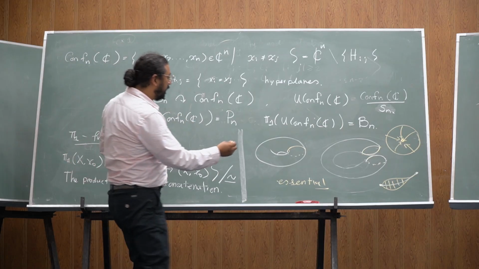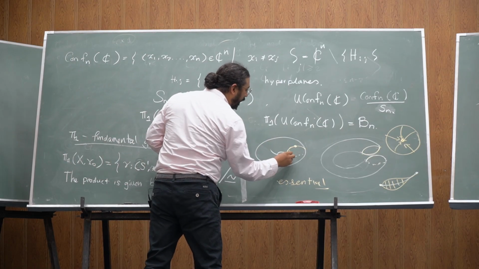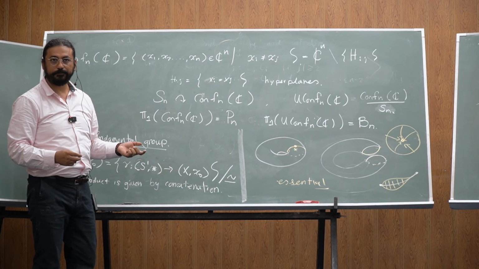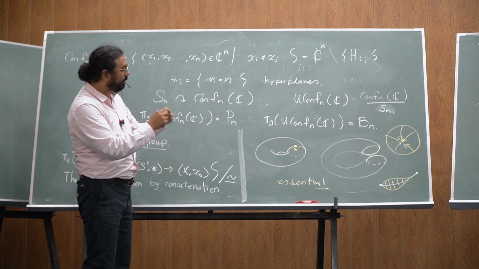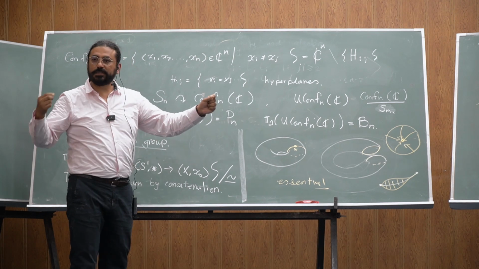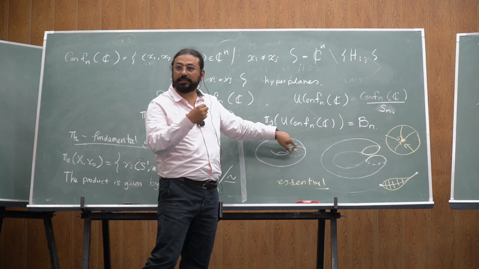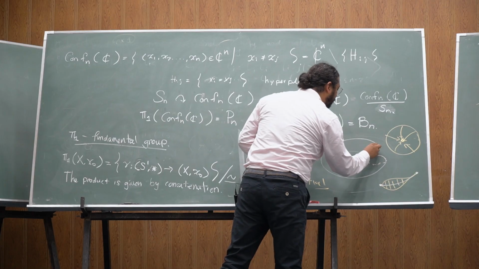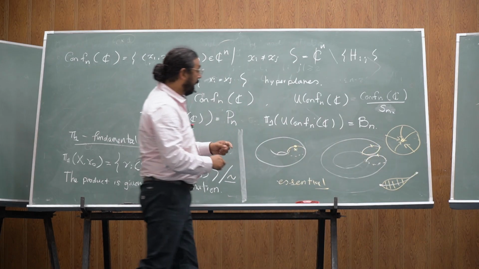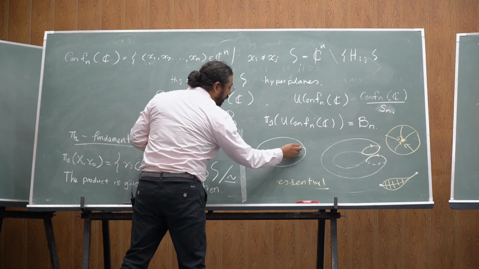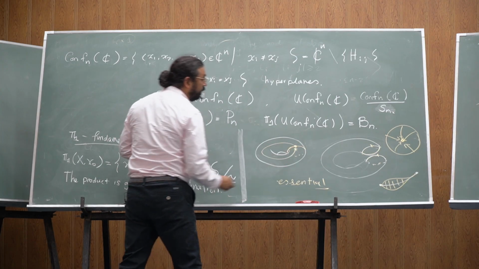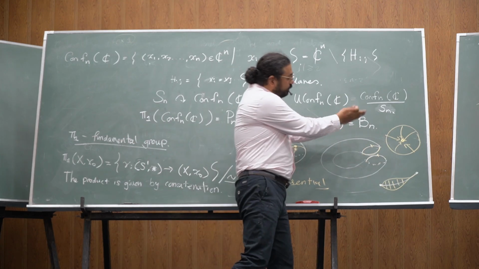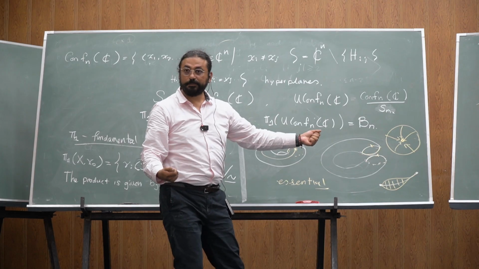Well, we have this curve, but let's say that here I have a distinguished point. I will say that it is a marked point. And then I will begin to look for all the curves that begin and end in this point. I have this, and I know when I cut along it, I get a cylinder.